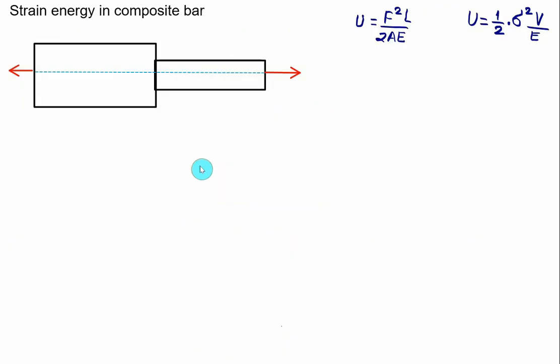The strain energy in a composite bar is calculated in the same fashion that we have done for a single bar. Consider here that we have two bars.